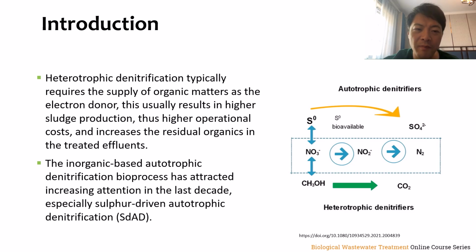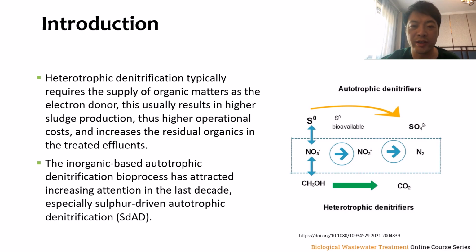This shift from organic to inorganic electron donors can significantly reduce sludge production and lower the presence of residual organics in the effluent. By minimizing sludge production and additional treatment requirements for residual organics, sulfur-driven autotrophic denitrification can potentially lower operational costs, making it a more cost-effective option in the long run.